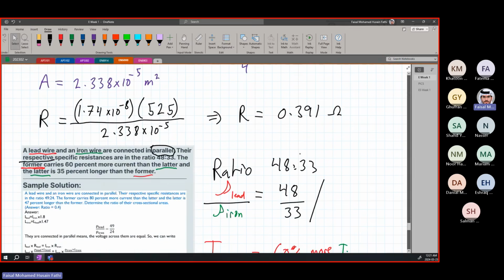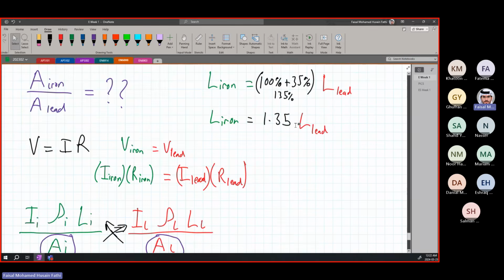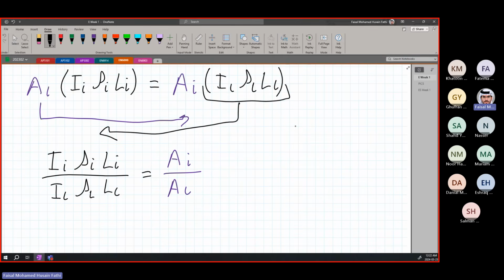So we can just flip them around. So the rho of iron over the rho of lead is equal to 33 over 48. All I did was flip them, and mathematically you can do that. So we can cancel those out as well.